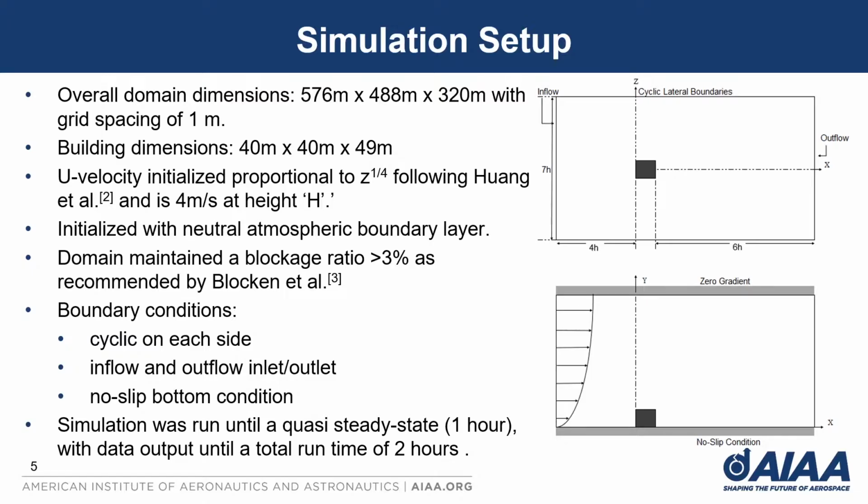The simulation was initialized using a neutral atmospheric boundary layer, and our domain maintained a blockage ratio of less than 3%. The boundary conditions were cyclic on each side, inflow and outflow, and the inlet and outlet, and a no-slip bottom condition. The simulation was run until a quasi-steady state was reached, and this took about 1 hour. The data was output until a total runtime of 2 hours.